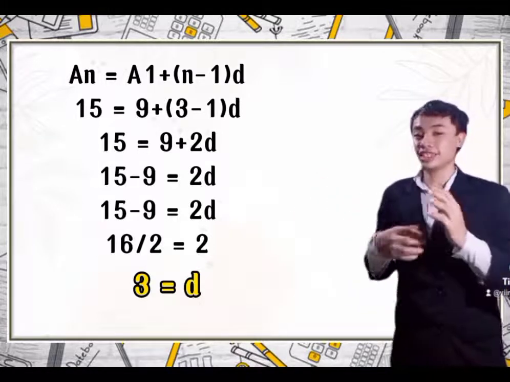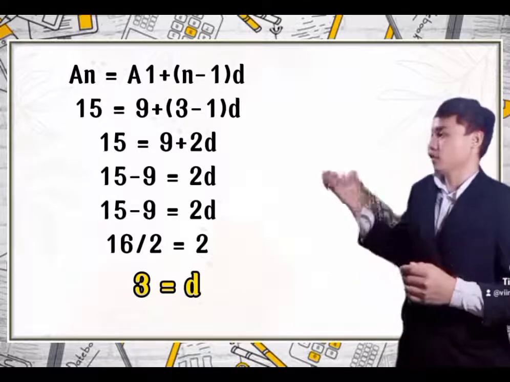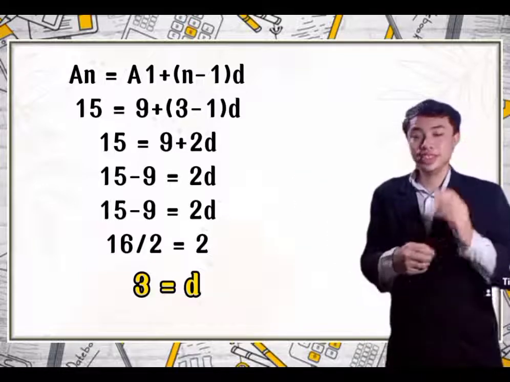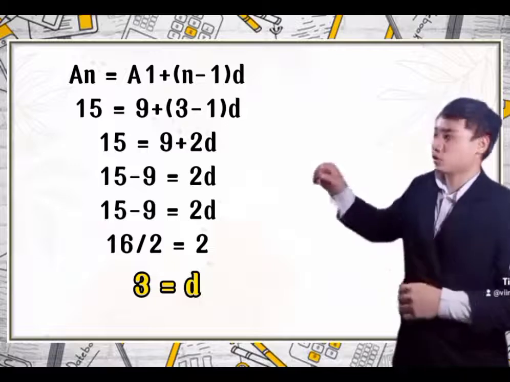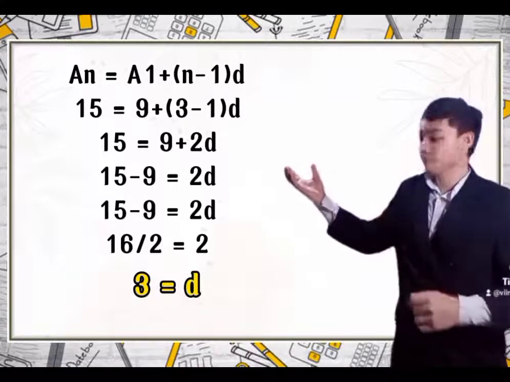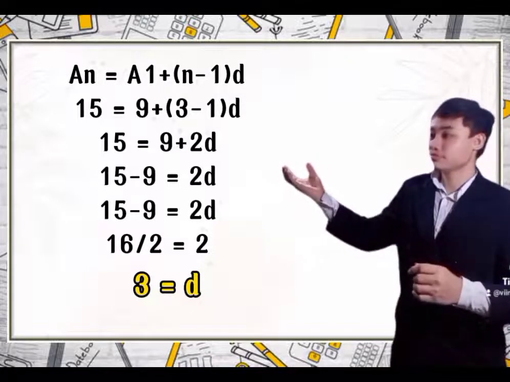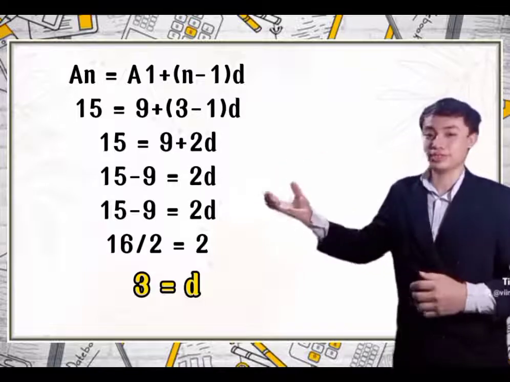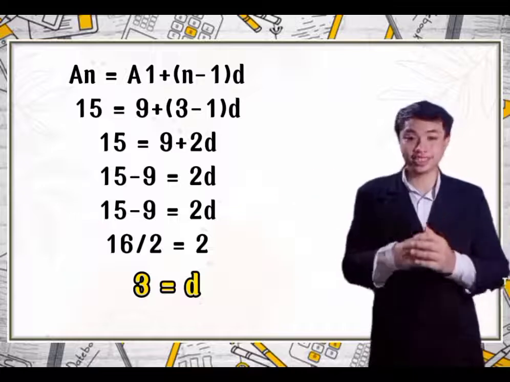Then, its sign will change into negative. So, 15 minus 9 equals 2d. Then, the next step is we're going to cancel by dividing by 2. So, 2d divided by 2 is d. Then, 15 minus 9 is 6. 6 divided by 2 equals 3. So, that's the common difference of this example.